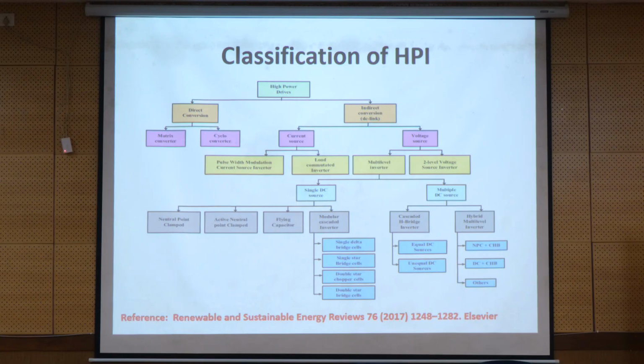And if you want to make the voltage source inverter, a large capacitance is connected across the source, in parallel, and that will become the voltage source inverter.